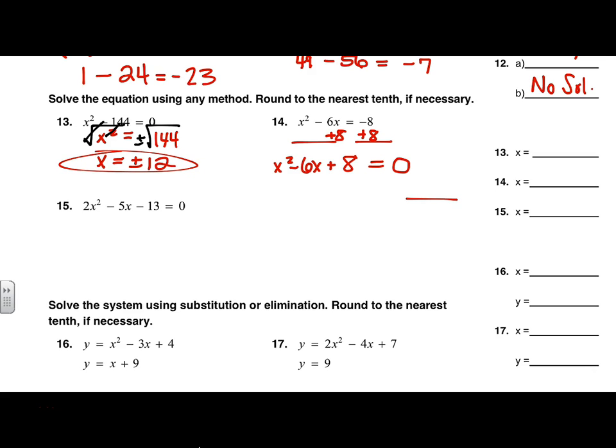Now kiddos, if you remember our table, we're trying to think factors of 8 that add to be negative 6. Negative 2 and negative 4 will become negative 6, right? Negative 2 times negative 4 is 8, and negative 2 plus negative 4 is negative 6.